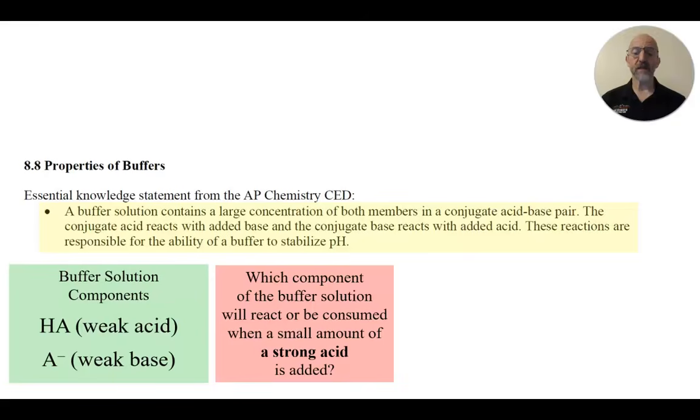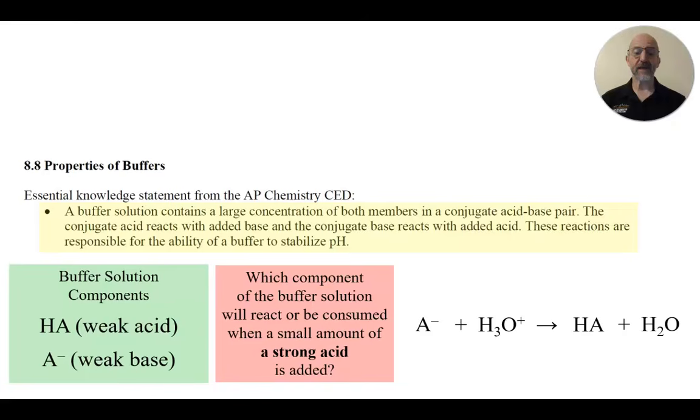Which component of this buffer solution will react or be consumed when a small amount of a strong acid is added? Well, since HA is a weak acid, then that would not react with a strong acid, so the A-, or the conjugate base, would react with the strong acid. I will show the hydronium ion as a source of the hydronium ions would come from a strong acid, and it would produce HA, the weak acid, and water.